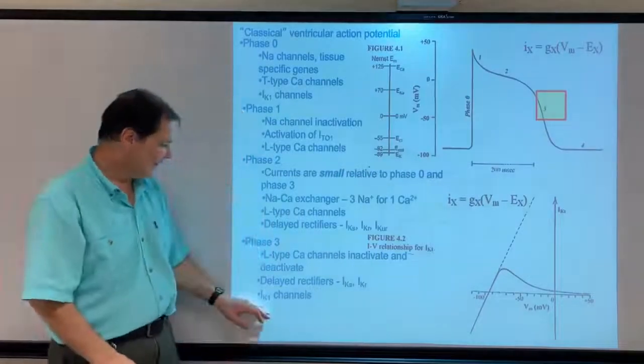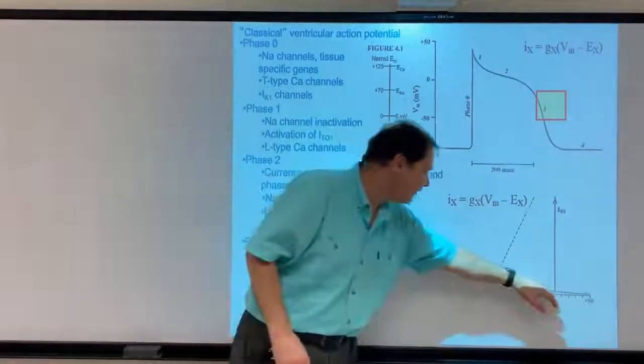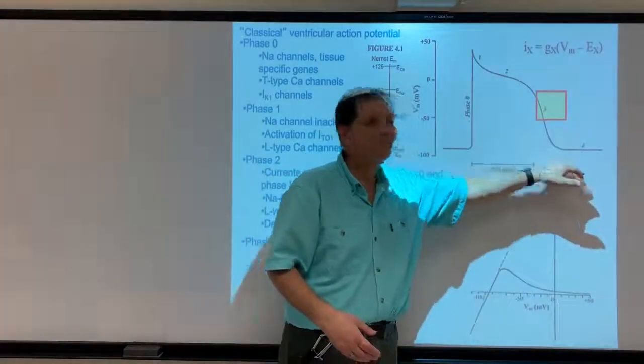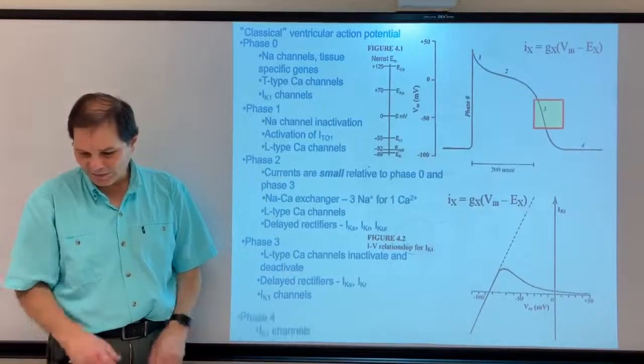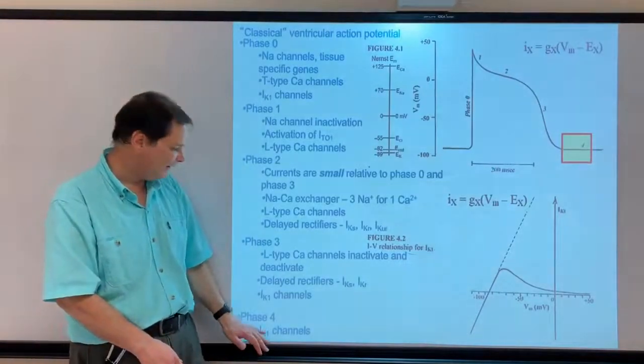Okay, so they kick in toward the end of phase 3 and help. They gradually become more and more powerful, more and more outward current, and you come down to closer to the resting phase.